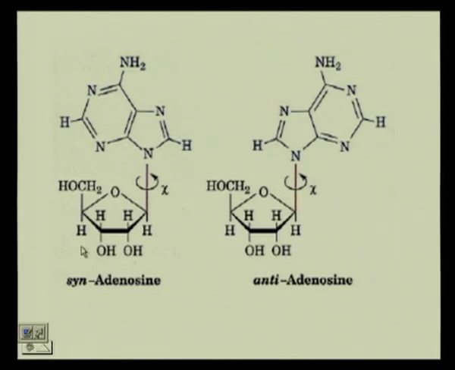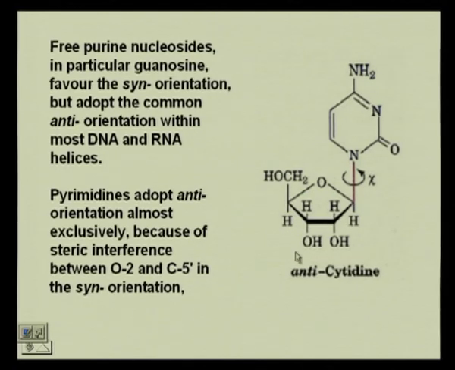Okay. So, we can have syn adenosine or we can have anti adenosine, where we have this sugar ring and the base away from the pentose sugar. When we have the purine nucleosides, we have an anti configuration. When this oxygen is away from this part, we can have the syn orientation when there is rotation about this and this oxygen comes above this part.